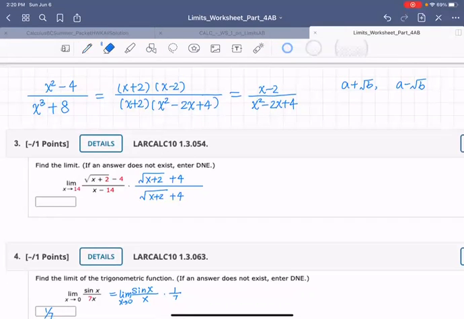All right, continue. After you times that, on the top you get x plus 2 minus 16, divided by root x plus 2 plus 4 times x minus 14.